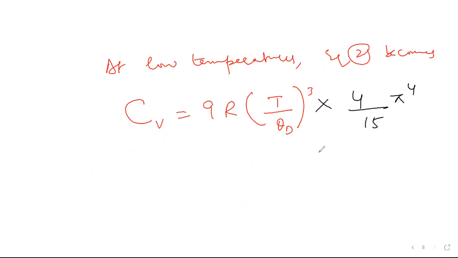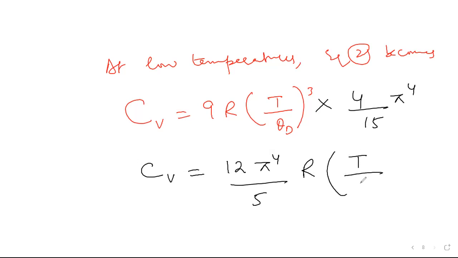So let us make the calculation. When you make the calculation, you will get CV equal to 12 pi^4 over 5 R times (T by theta D) whole cube.